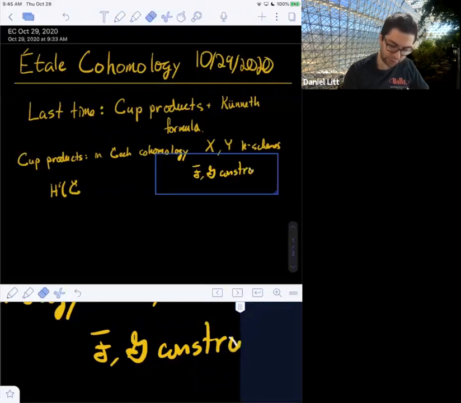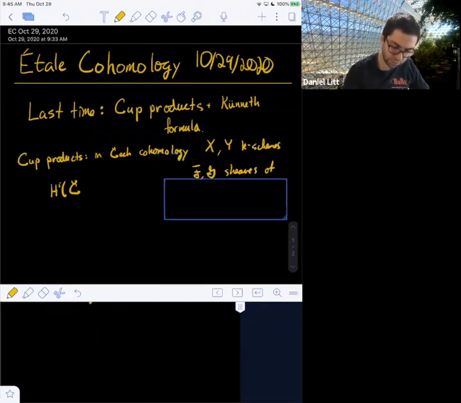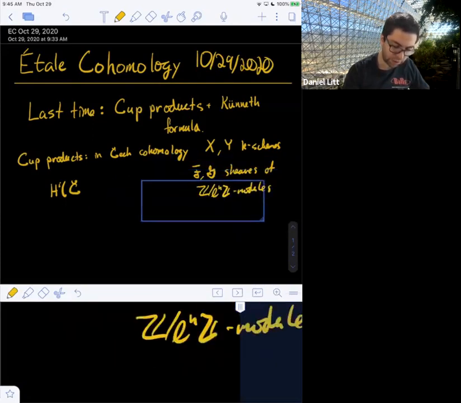Well, let's even just say are just sheaves of Z/l^n Z-modules, is all we need for this, on X étale and Y étale respectively.